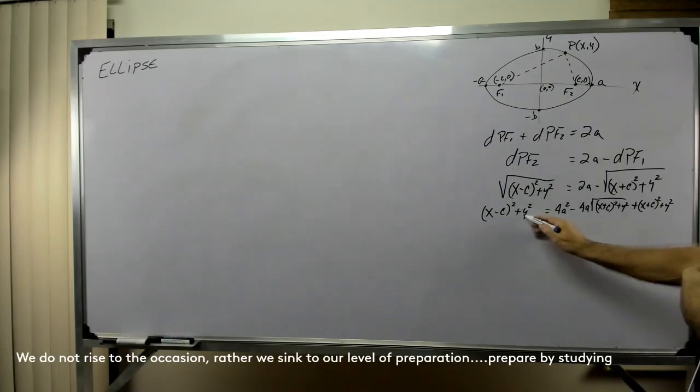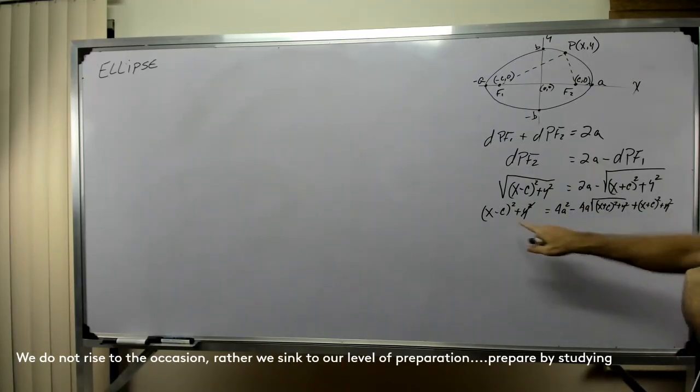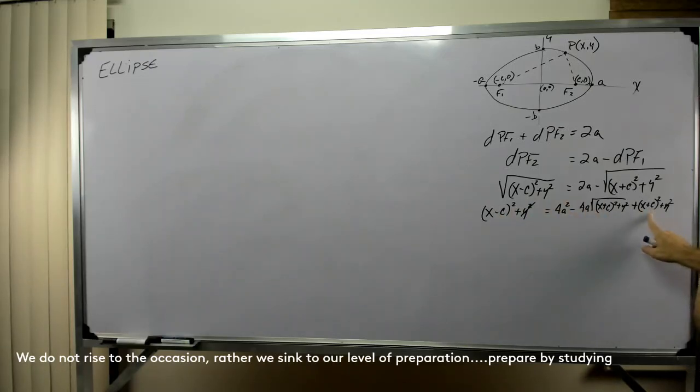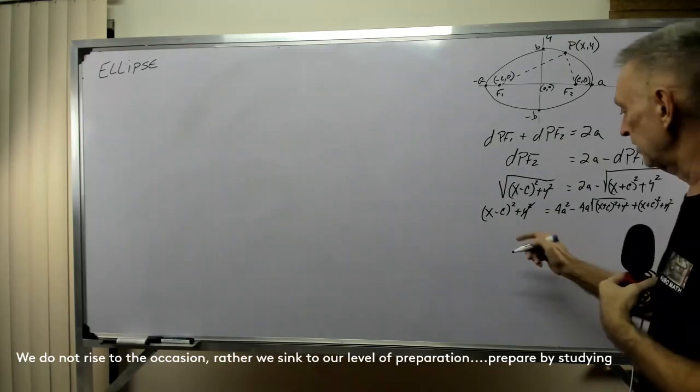Well, let's see what to do. Okay, we've got a y squared. If I subtract y squared from both sides, that cancels. Well, and this is x minus c, that's x plus c. So let me expand those and see what happens here.